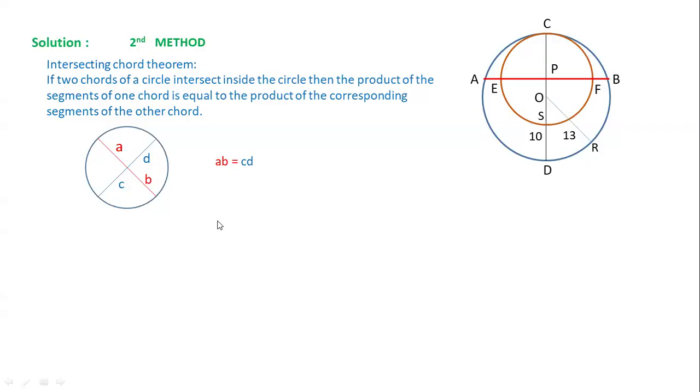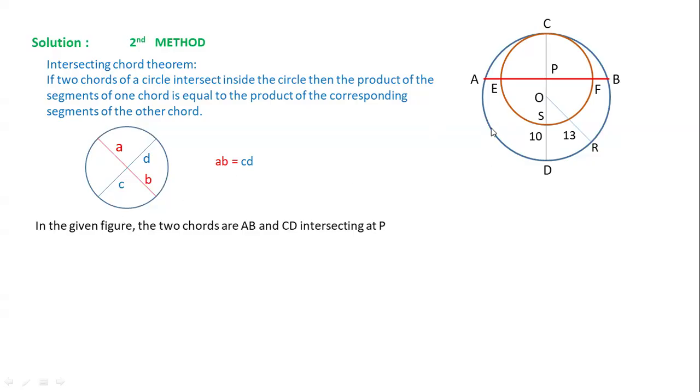Now, if you see our figure, the two chords are AB and CD intersecting at P. AB is a chord, CD is another chord, both are intersecting at P. Clear?